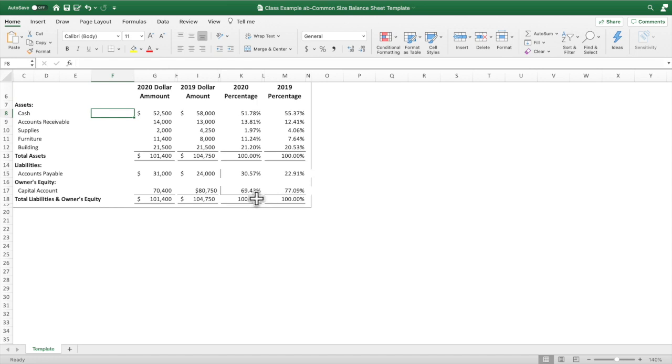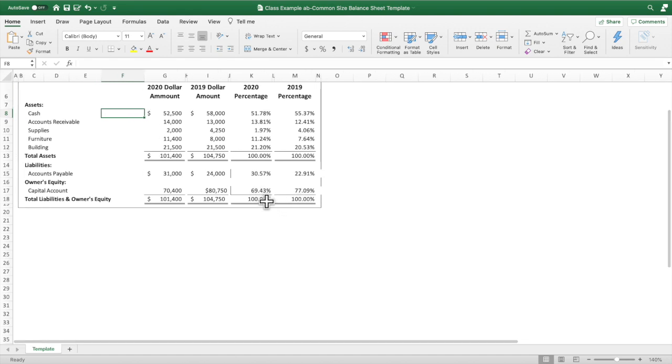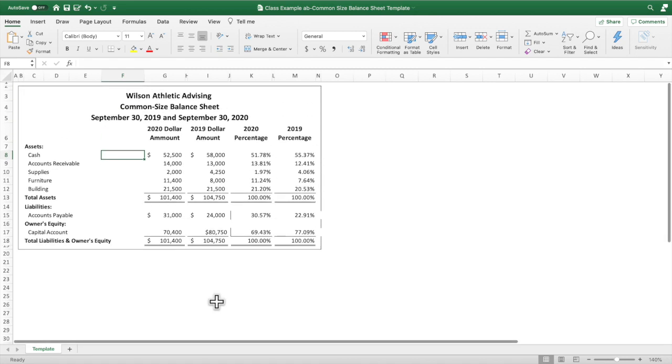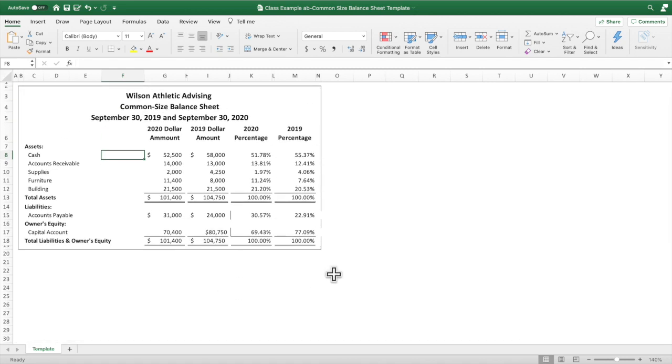Our capital account is 69.43%, whereas in 2019 it was 77%. So our owners lay claim to less in 2020 than they did in 2019. You can see that they owe more money than they did in 2019. So that's how you look at a common size balance sheet. Basically it's a vertical analysis of 2 different years, and you're looking at the percentages between those 2 different years.